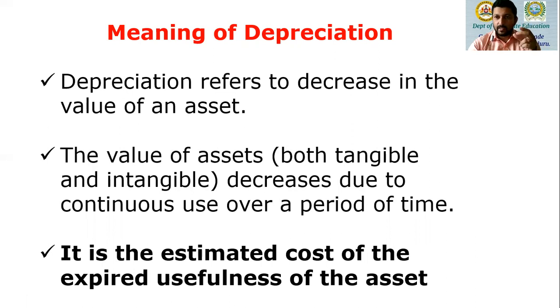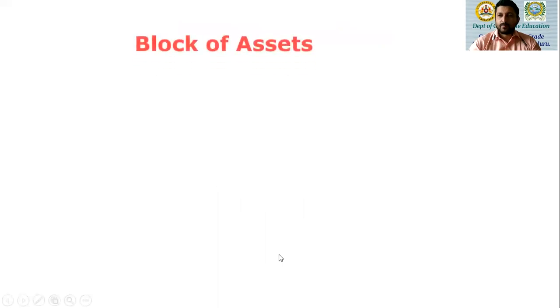Once 1 year or 2 years is over, you attach a value for that expired usefulness, and that cost attached is only an estimation. That's why we call depreciation the estimated cost of the expired usefulness of the asset.